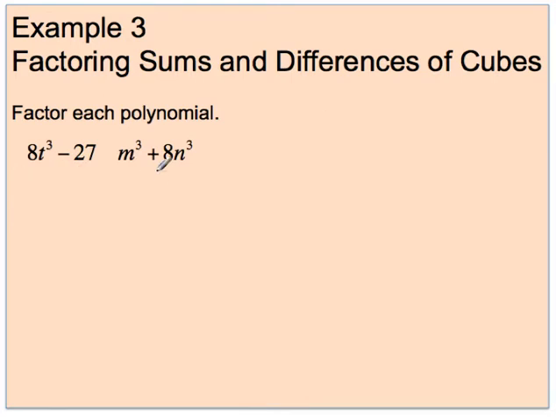Our second example has a plus sign in the middle, so we know that our binomial is going to have a plus sign, and our trinomial is going to be minus plus.